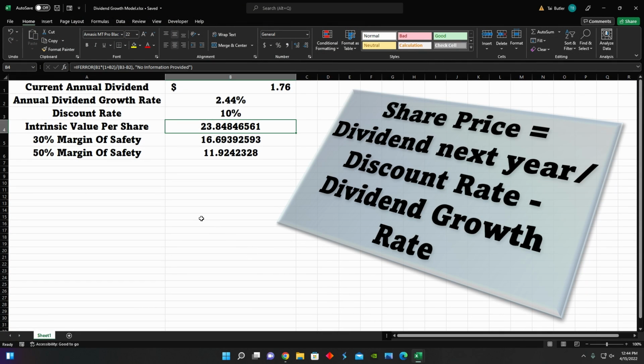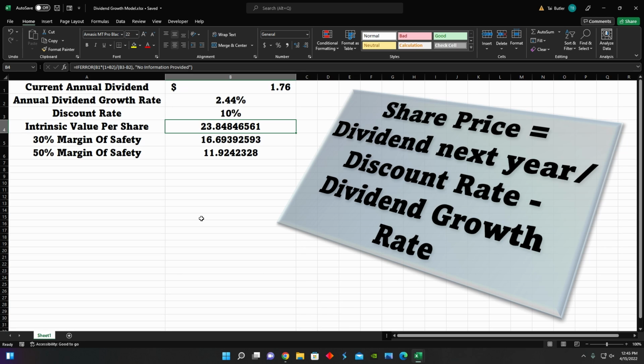But obviously, there are some limitations to the dividend growth model. For starters, it assumes that the company will basically last forever. Maybe the company will be liquidated in the future, and in that case, we're not going to be able to compound the future dividends at this growth rate forever, so this model would pretty much be obsolete at that point.